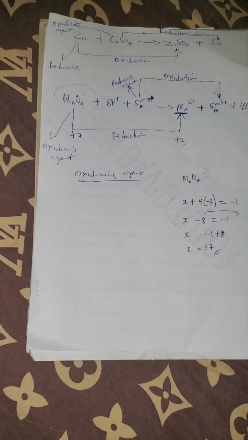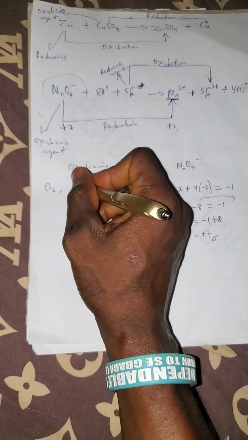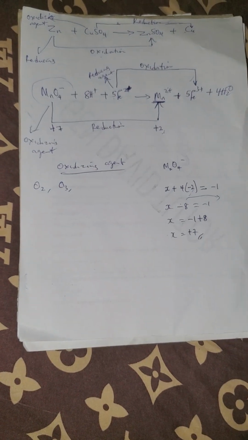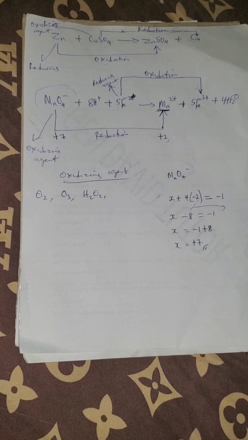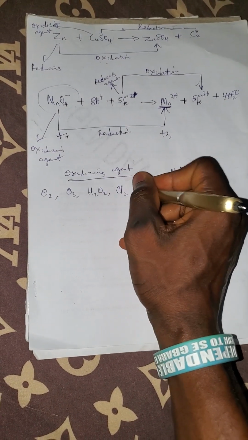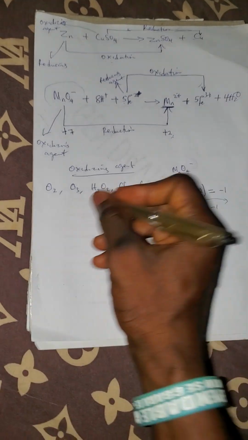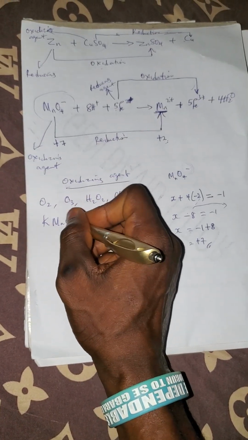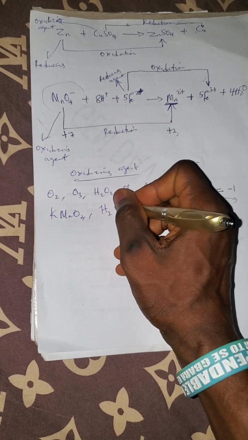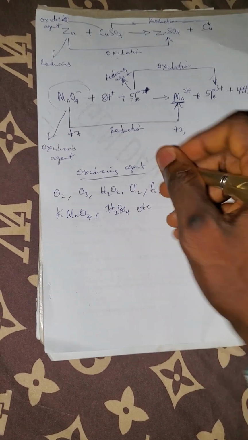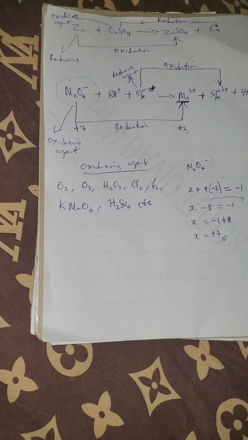We can have O2, O3 that is ozone, even hydrogen peroxide, chlorine, fluorine, KMnO4, H2SO4, etc. So the majority of electronegative elements are oxidizing agents.